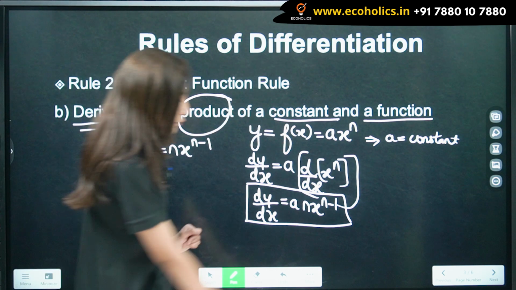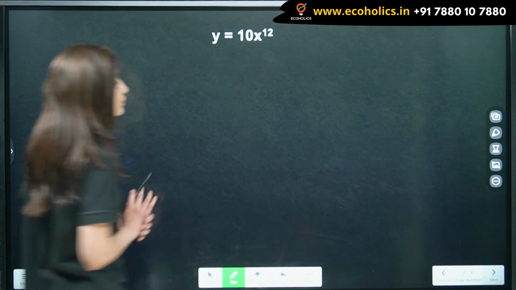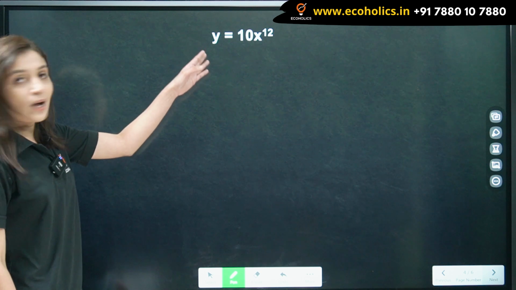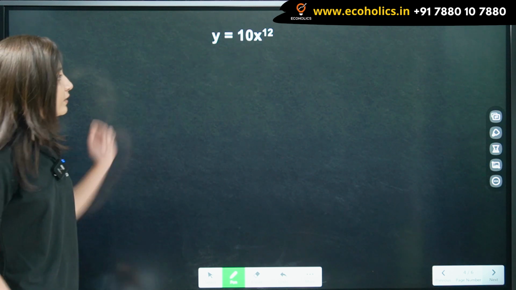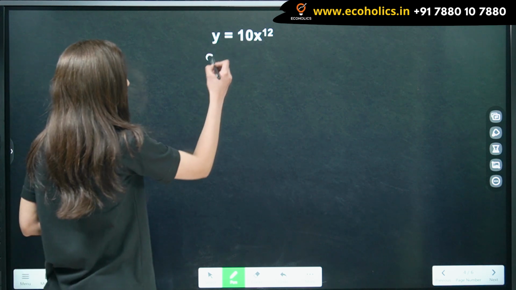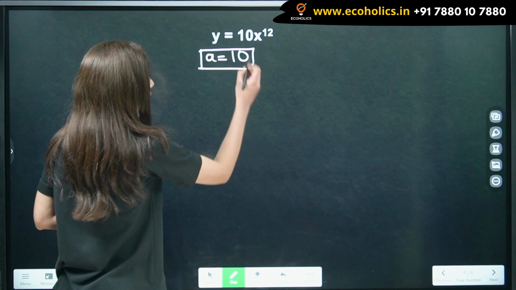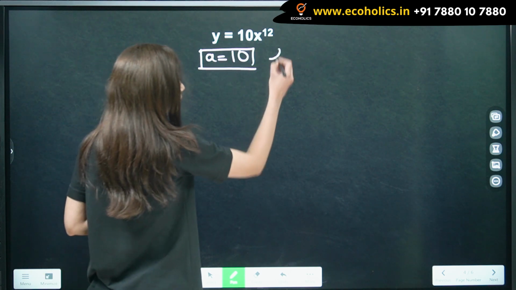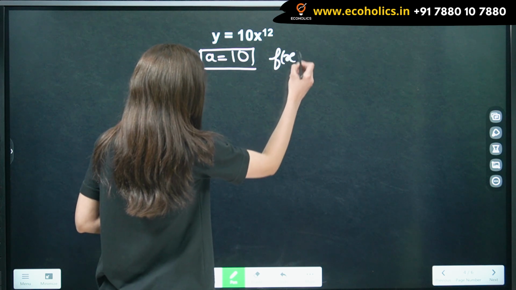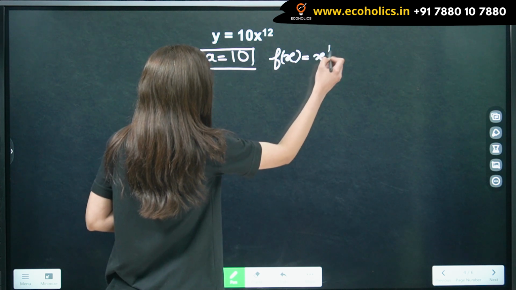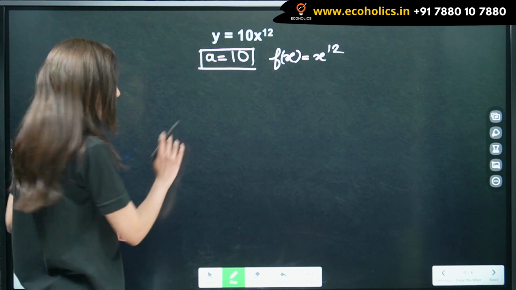Now, let's look at a few examples. So, first, we have y is equal to 10 x raised to 12. In this case, our constant term is 10 and our function is x raised to 12. Now, we are going to differentiate this.